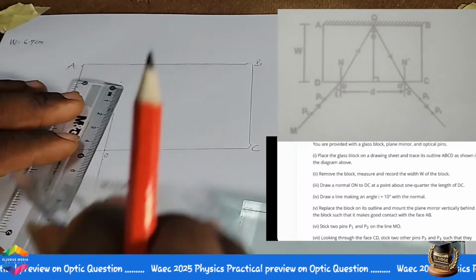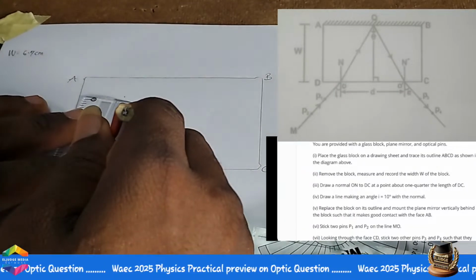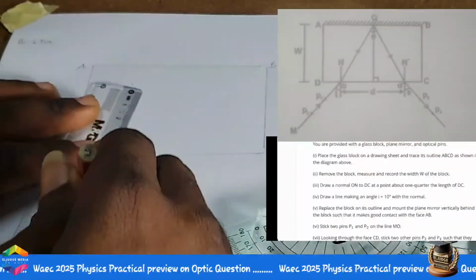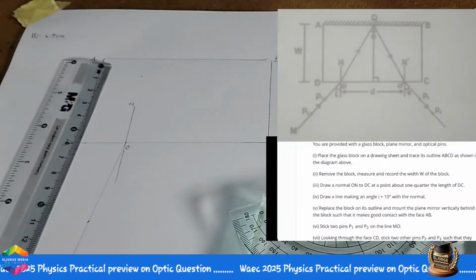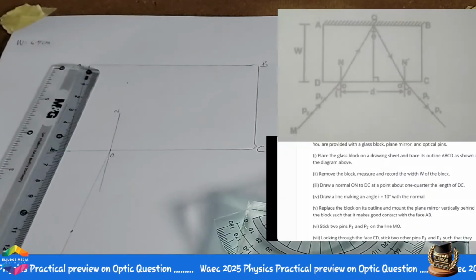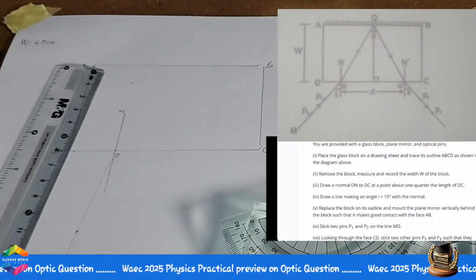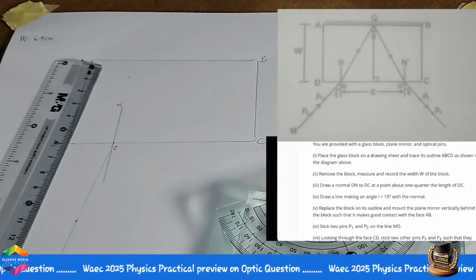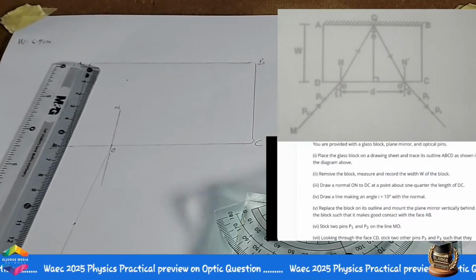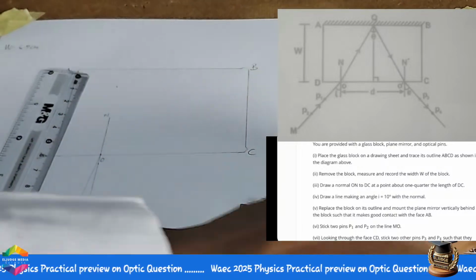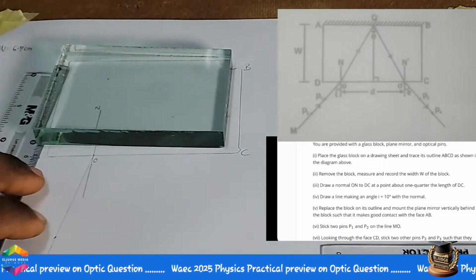So you can draw that line. Draw a long line. Make sure you have neat traces. That's one of the precautions in optical experiments. Now the next thing you need to do, from the instruction, is replace the glass block. We are replacing the glass block now.